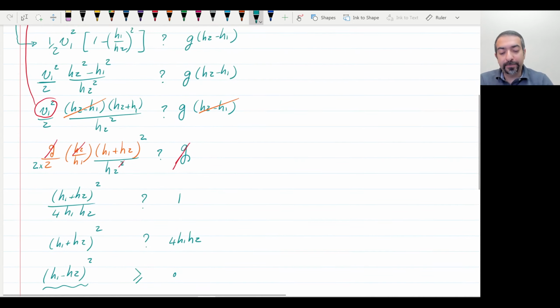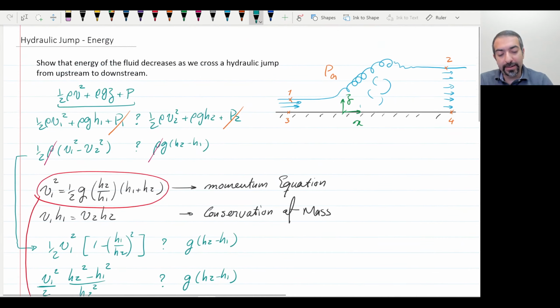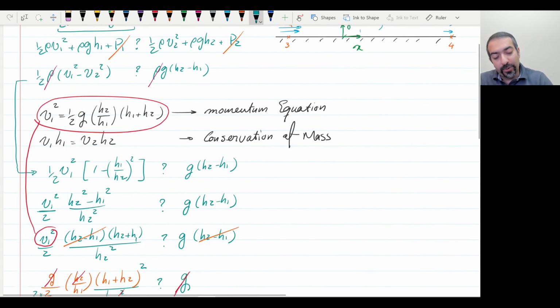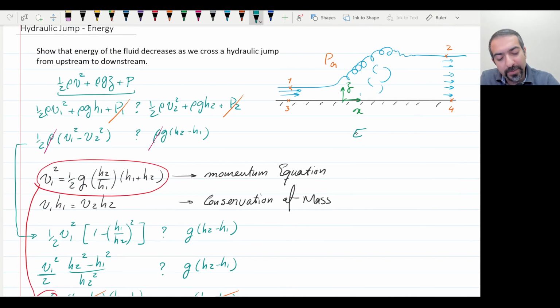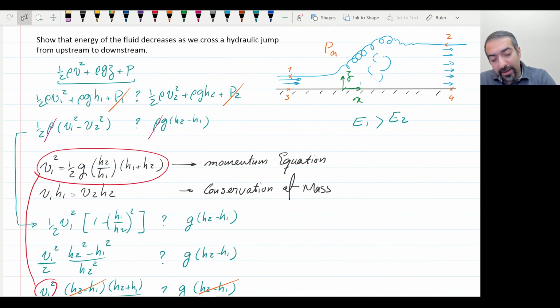So definitely this analysis shows that the energy at point 1, I can just write down here the summary, E at point 1 is higher than energy at point 2. Now we can do something similar between point 3 and 4, and I'll try to squeeze that here. So what is energy at point 3 compared to energy at point 4? Energy at point 3 is 1/2 rho v3 squared, which is the same as v1, because we assume that the velocity is uniform.